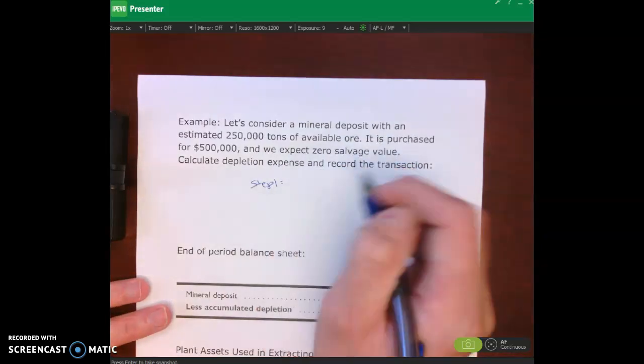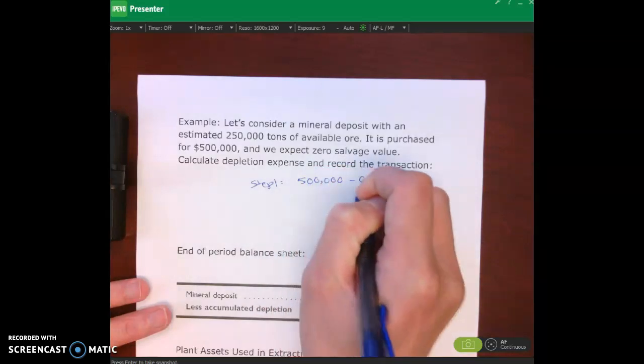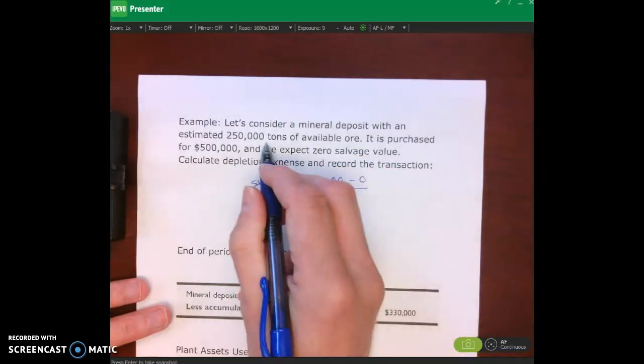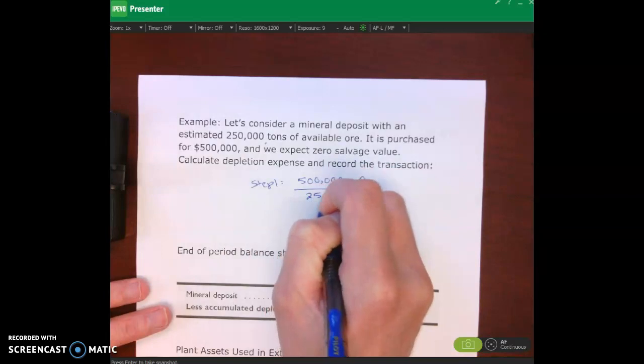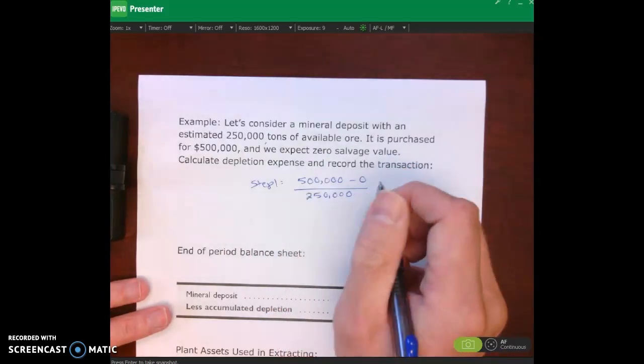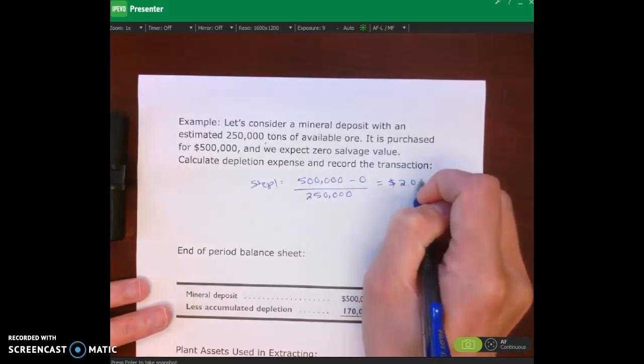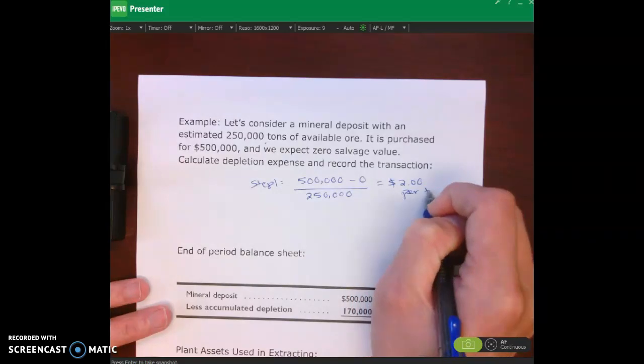We take our asset cost minus our salvage value, which in this case is 0, divided by the total number of units, 250,000 tons available. And that gives us a depletion expense of $2 per ton.